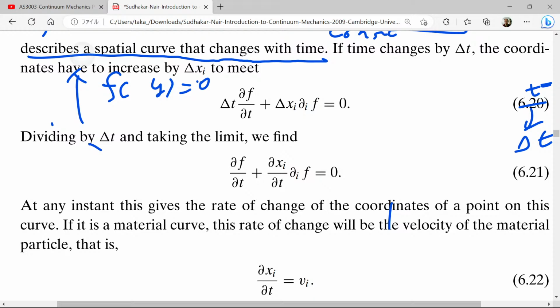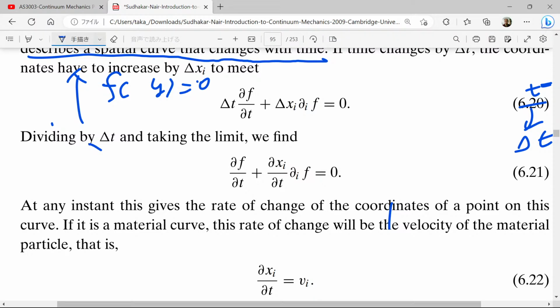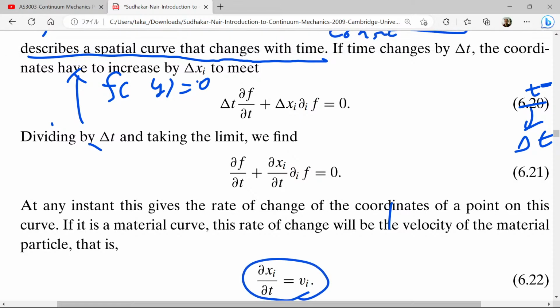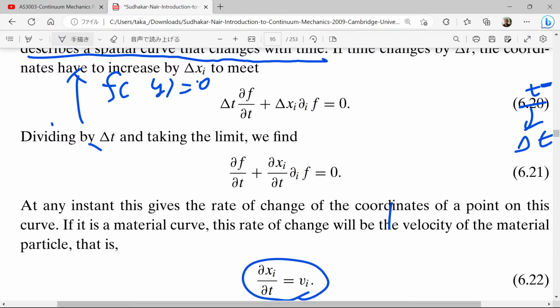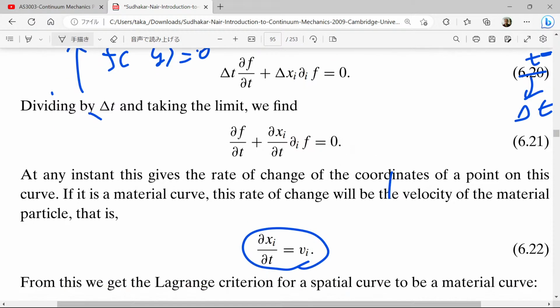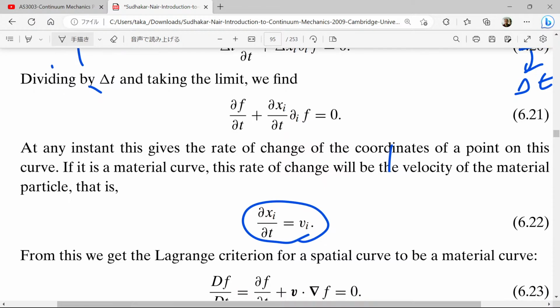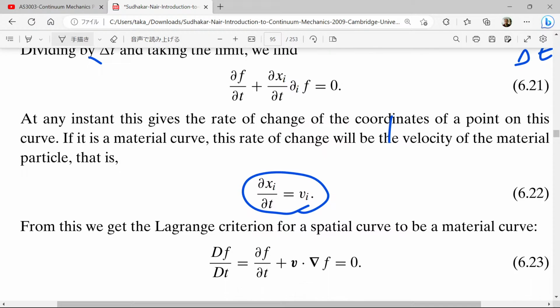Okay, now this says this is actually a velocity. From this, we get the Lagrange criterion for a spatial curve to be a material curve.